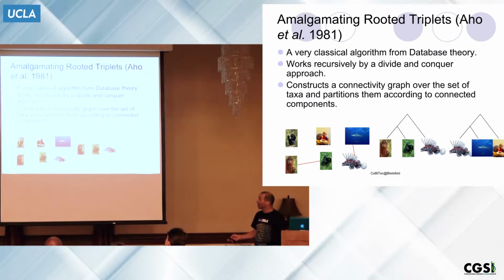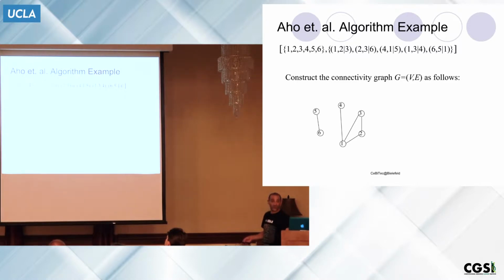We draw that edge. Another triplet. Can someone tell me what edge I should draw in the connectivity graph? Exactly, between the fish, because these are sister taxa. This is the cherry, what is called a cherry in evolution. And so on and so forth.